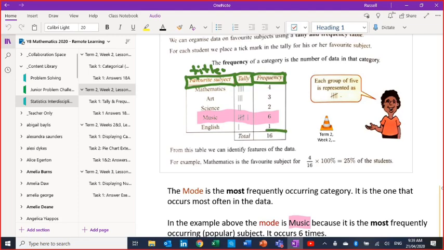And here, this one is also not optional. You must have a total. If you don't have a total, then you're not going to be able to do the rest of the work. Okay? Because what we're going to do is change these frequencies to a percent.